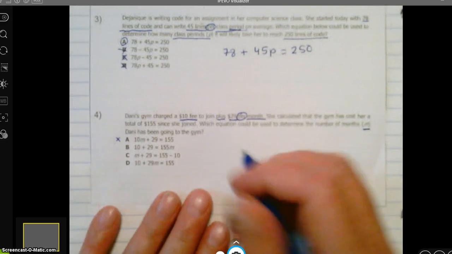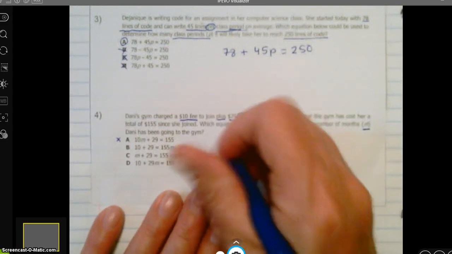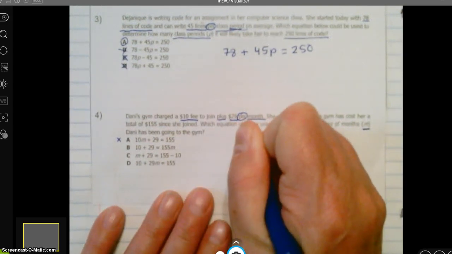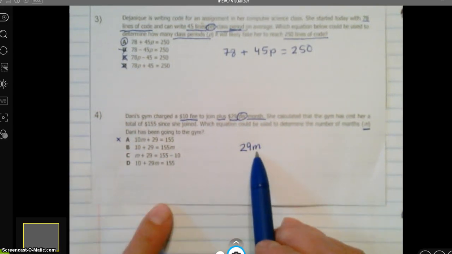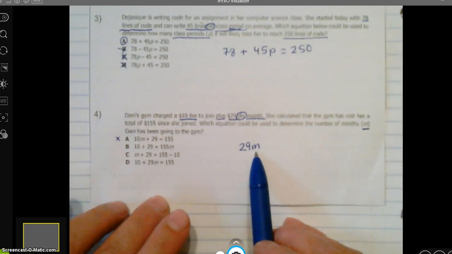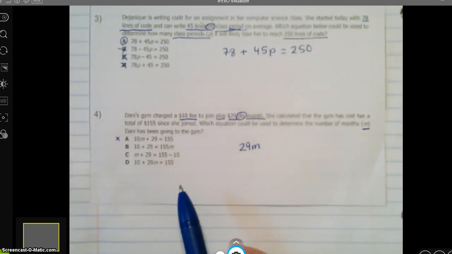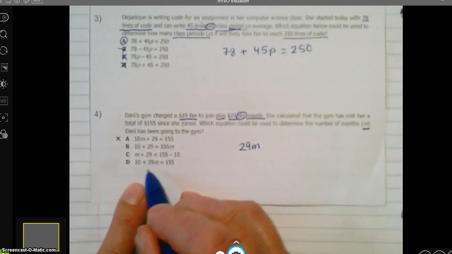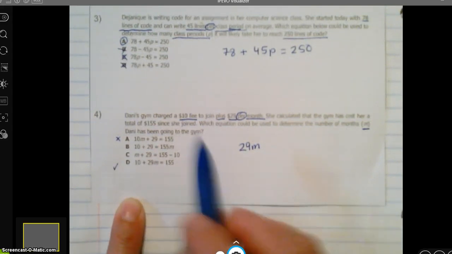I'm about 100% positive it's going to be 29M, because we have to pay $29 for every month. 29 times 1 if it's 1 month, 29 times 2 if it's 2 months, 29 times 3 if it's 3 months, right? So right now, the only one I see that looks good is D.